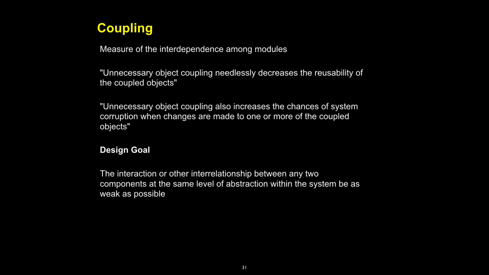Now, he says as weak as possible. If we have a module in our system which has no coupling to any other parts of the program, delete it. Because if there's no coupling, no one's using it, right? And so I should be able to delete it, and my system is now smaller and still does everything it did before. So we can't get rid of coupling.